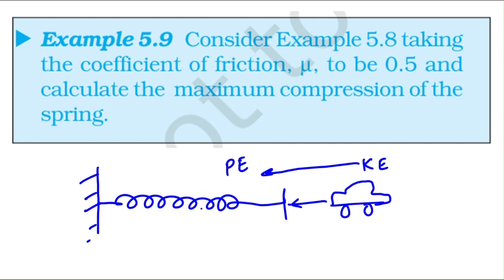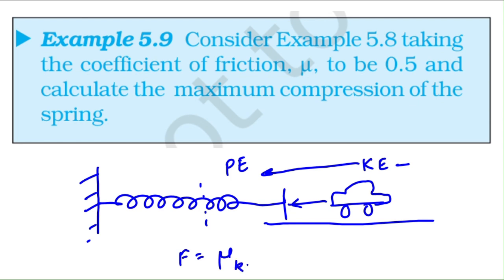One, the compression of the spring, and another, friction. So this car is not going to compress the spring as much as it could have in the previous case, because there is a dissipating force here which is going to reduce its energy. That force, friction, we know is mu times normal, maybe mu s or mu k.